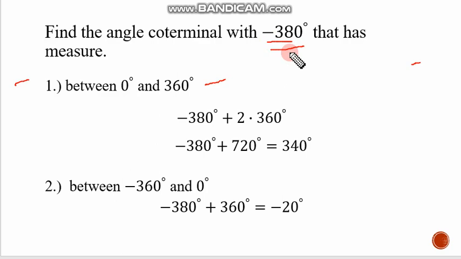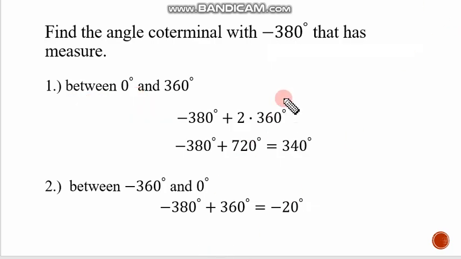That's negative 380 degrees plus 2 times 360 degrees, that's 720 degrees. So negative 380 plus 720 degrees is equal to 340 degrees. This is the only angle between 0 degrees and 360 degrees that is coterminal with negative 380 degrees.